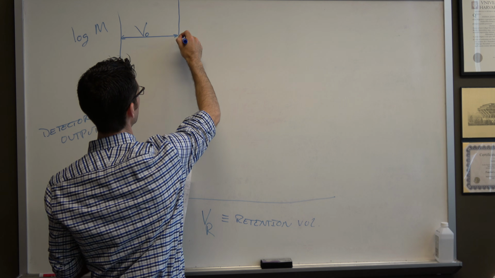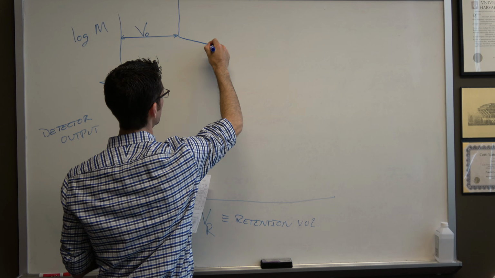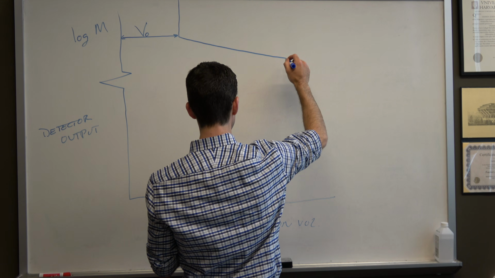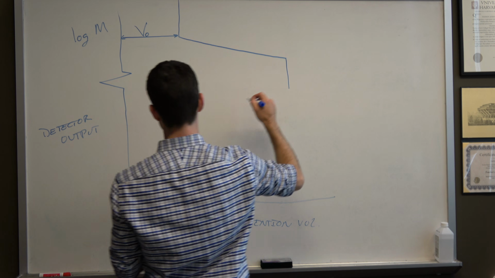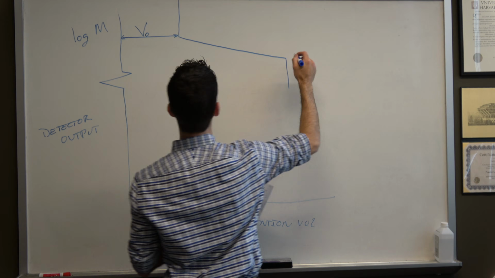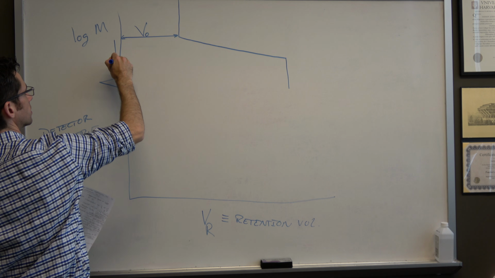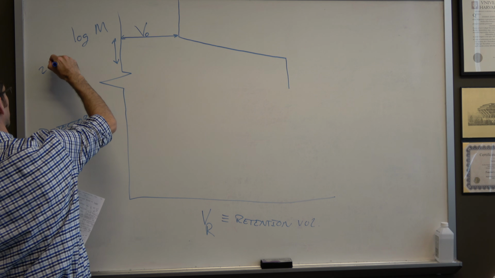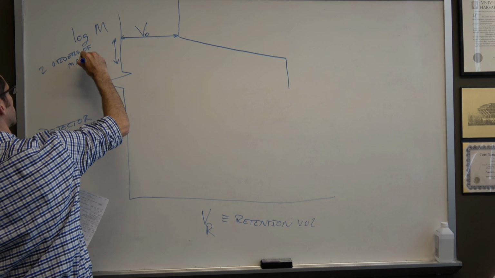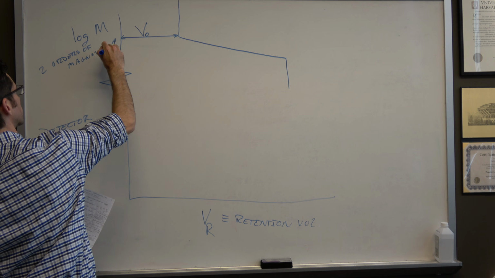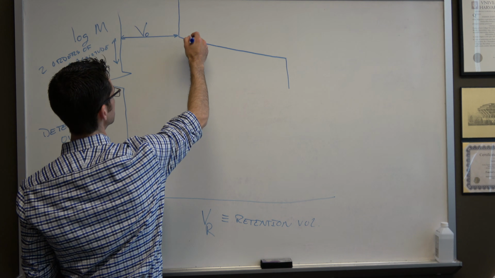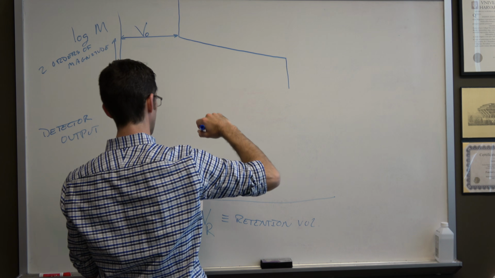Then we have a region which is about 2 orders of magnitude in M, where we do achieve separation. So this is about 2 orders of magnitude, or 2 logs. And this is the useful range.